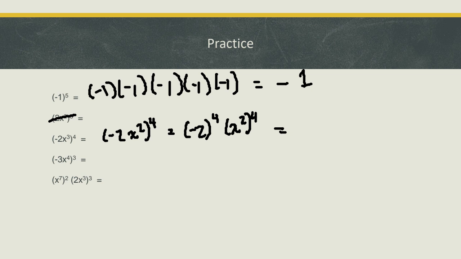Basically, -2 to the power of 4 is going to be an even amount of negatives, right? So it should be positive overall. And then 2 to the power of 4 is going to be 16. So 16 positive times, oh, I apologize. I'm looking closer now. Okay, that's a 3.